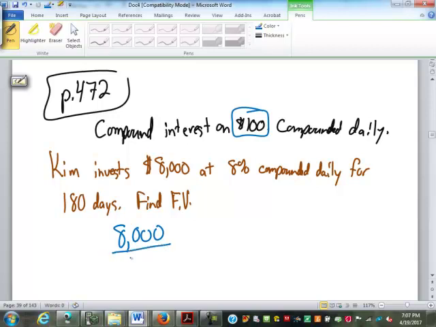That means we divide it by 100. So that's the first step when dealing with this daily compounding table, is you have to divide the present value by 100. So we get 80. So that's what we're going to be using for this calculation, is 80.